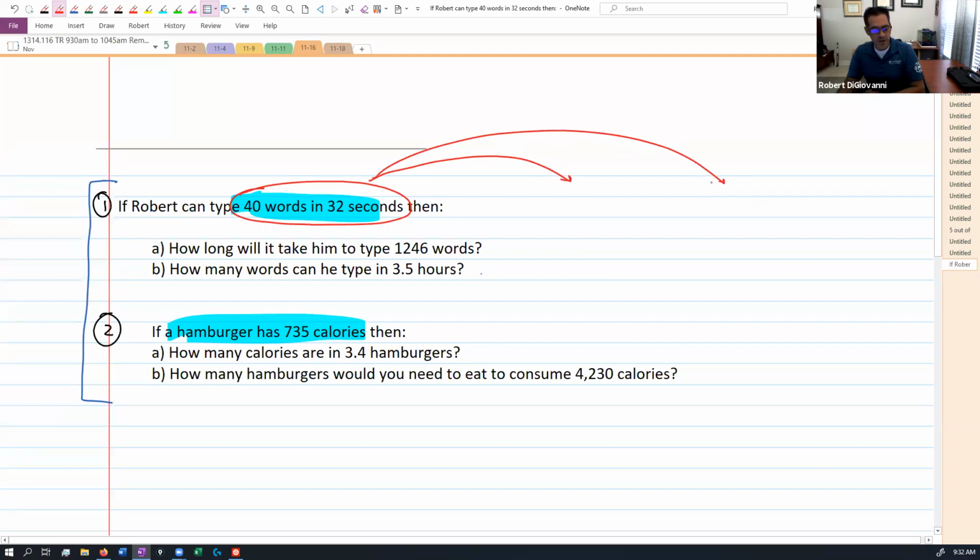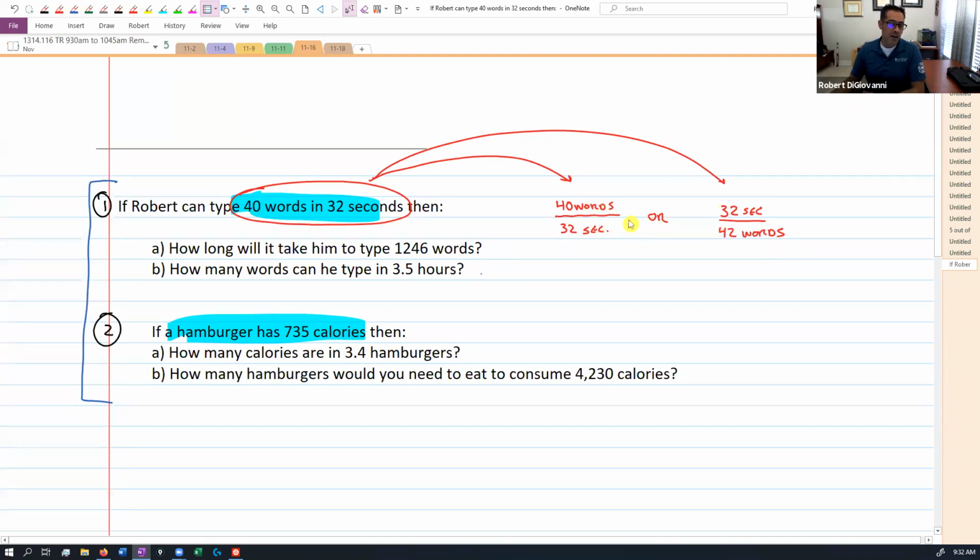You can turn it into a ratio where you write 40 words over 32 seconds, or you can write it as 32 seconds over 40 words. Okay, so this statement that 40 words in 32 seconds is equivalent to both of these ratios.